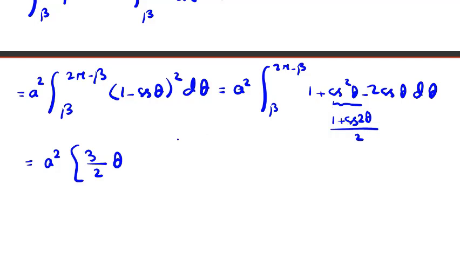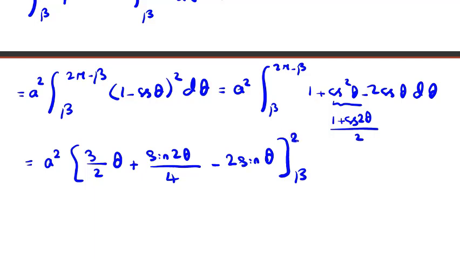Then cos 2 theta integrates to plus sine 2 theta over 4, because we also have the 2 here. Minus 2 cos theta gives minus 2 sine theta, from beta to 2 pi minus beta.